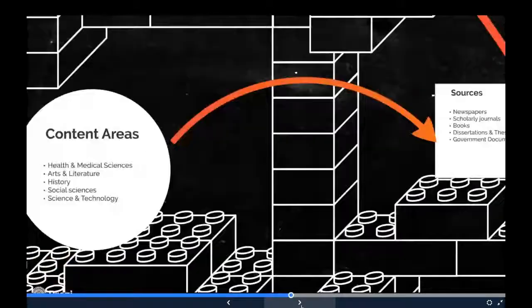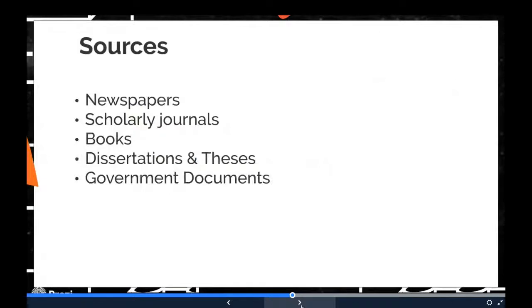So it's pretty comprehensive. Some of its source types range from newspapers to scholarly journals, books, government documents. From what I understand, there's a map collection as well. ProQuest also has a pretty substantial collection of dissertations and theses. In fact, ProQuest is the official digital dissertations archive for the Library of Congress, which is a pretty cool fact, I guess.